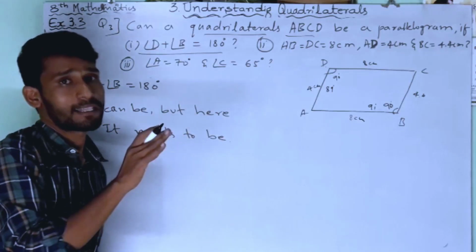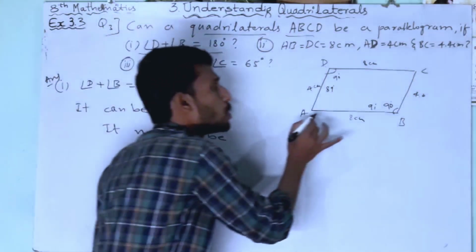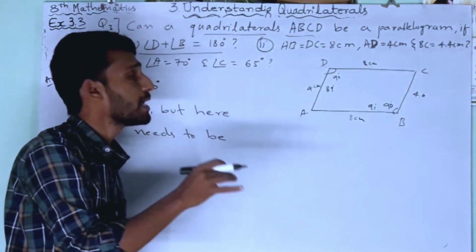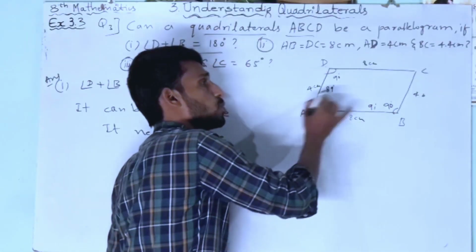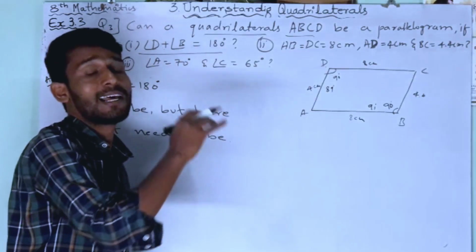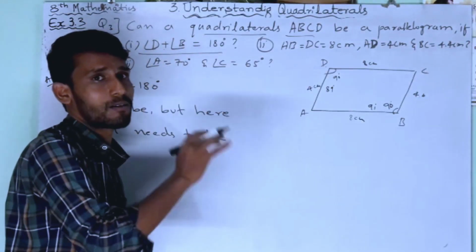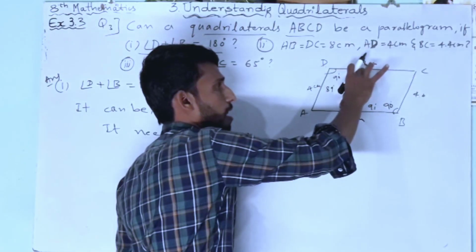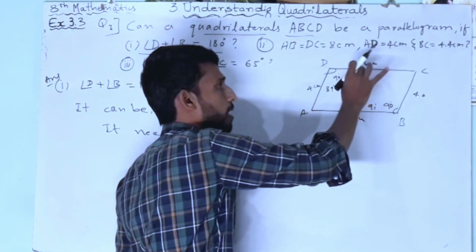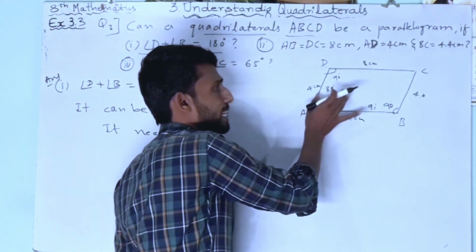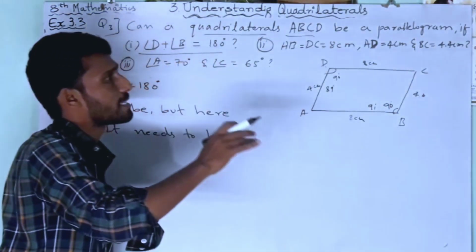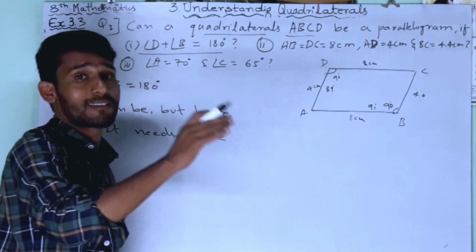This is not a parallelogram, because if two sides are equal in the parallelogram, the remaining two opposite sides also must be equal, then that is a parallelogram. Here AB and DC are equal, opposite sides are equal, but the remaining two opposite sides are not equal, so we can say this is not a parallelogram.